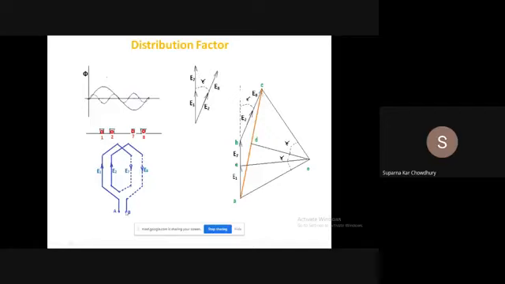What will be these positions? If this is the flux, then according to that figure, E1 is at the maximum flux position condition, E7 is at maximum negative, so this is E2 and this is E8. The angle depends on the angle between these two subsequent slots.